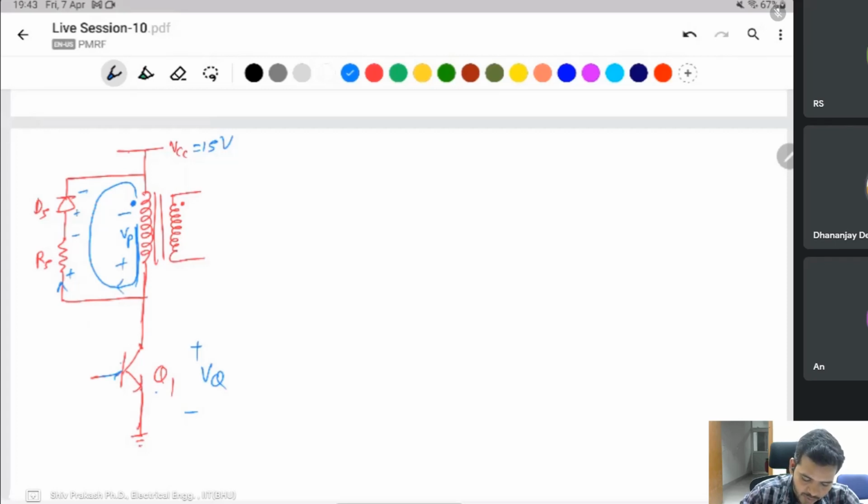At that time, if you apply KVL, then this VCC you can say is connected like that. This one positive, this one negative, or you can treat it as a VCC here, 15 volt. This one positive, you can take as the ground pin.